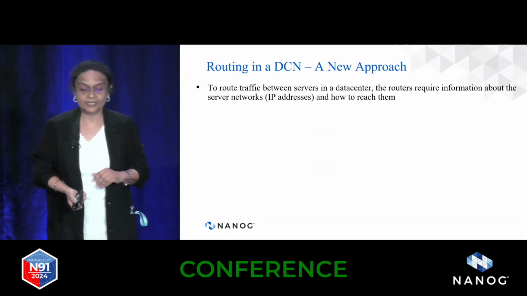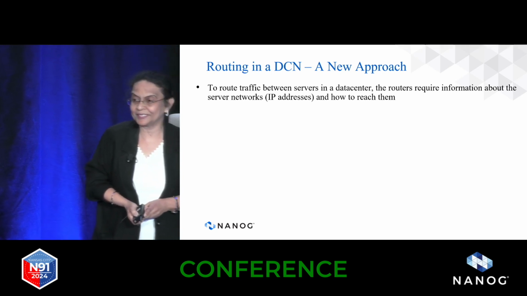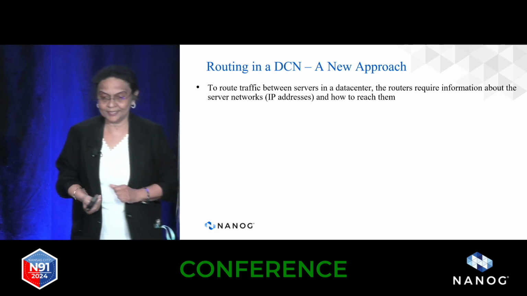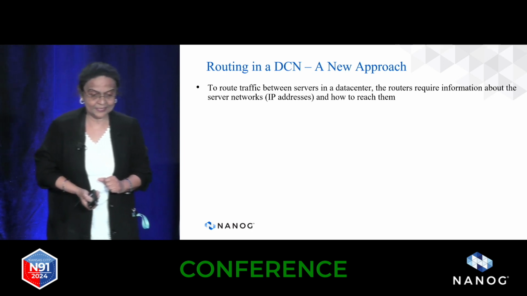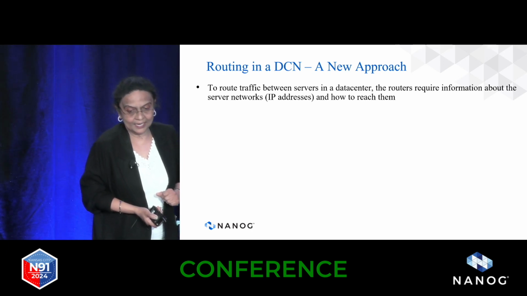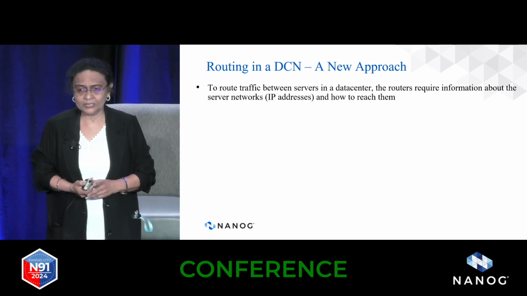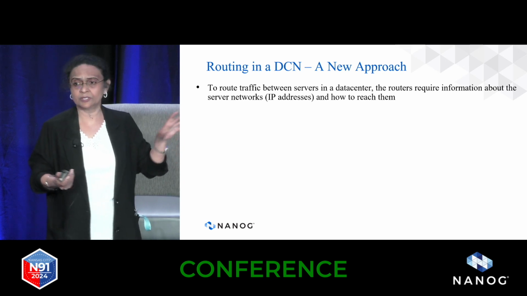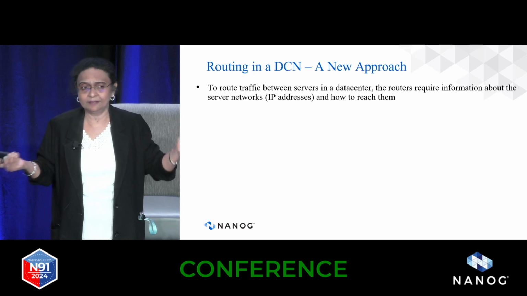So, routing in a DCN: as a researcher and a professor, I have the liberty to research whatever I feel like, right? So I decided to adopt a new approach to route traffic between servers in a data center. If you look at a data center, especially the Folded-Clos, all that you need is how to reach the server networks. That is the only information you need to route.